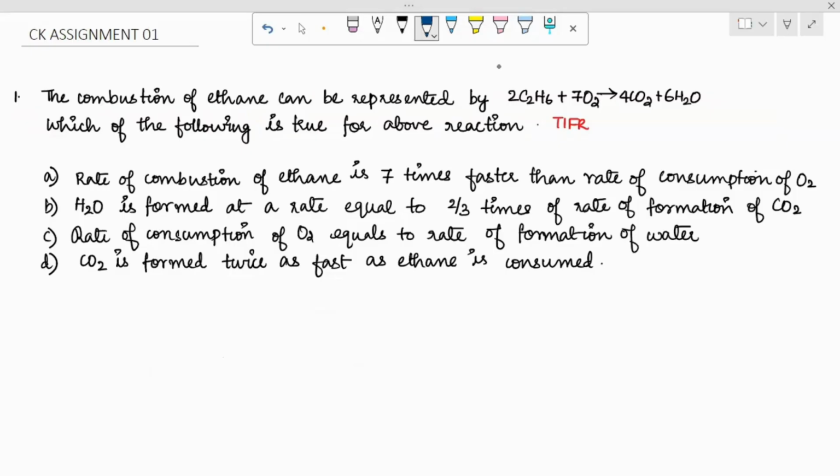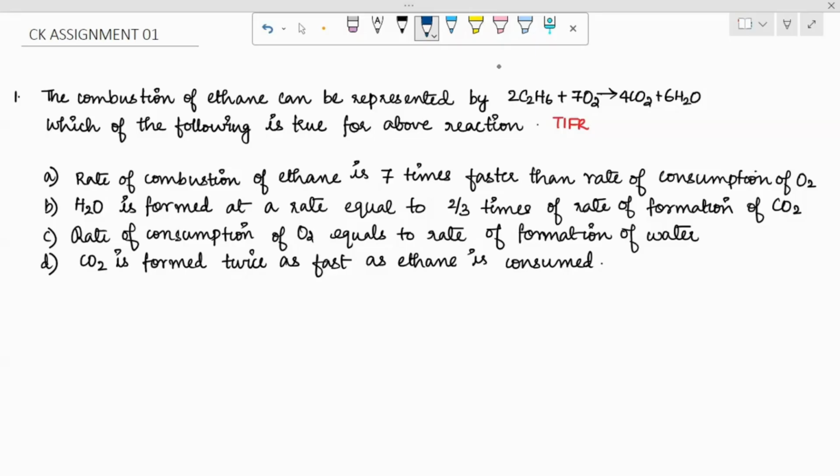Now, anybody who is actively preparing for CSIR NET, GATE, BARC, or TIFR is encouraged to practice more and more problems. And this video is going to help you sort the problems section-wise and also improve your problem-solving skills. Okay, so without any further delay, let's start with our question.